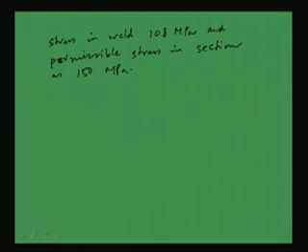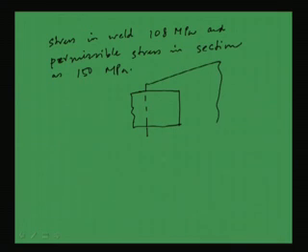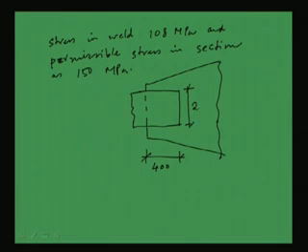The connection will look something like this. Say this is the channel section, and this is the gusset plate given here. The maximum overlap length is restricted to 400 mm, and the size of the channel is ISMC 200.